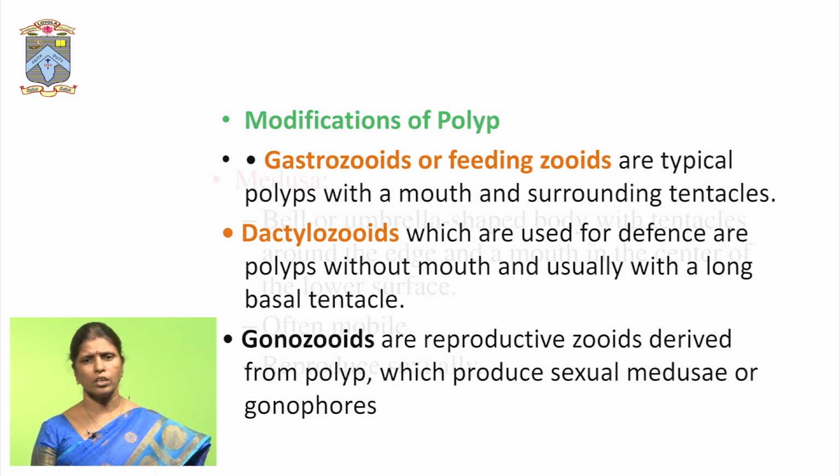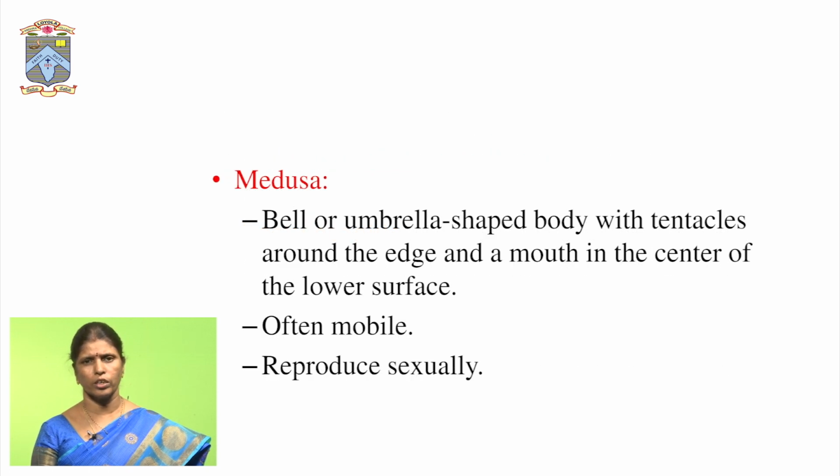Now let us see the second zooid, that is medusa. As we have seen in the earlier slide, they are usually bell shaped or umbrella shaped forms. They bear a centrally located mouth and tentacles along the edge of the umbrella, located on the concave side of the body.